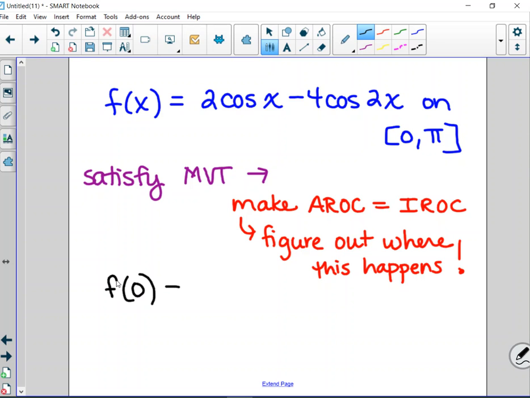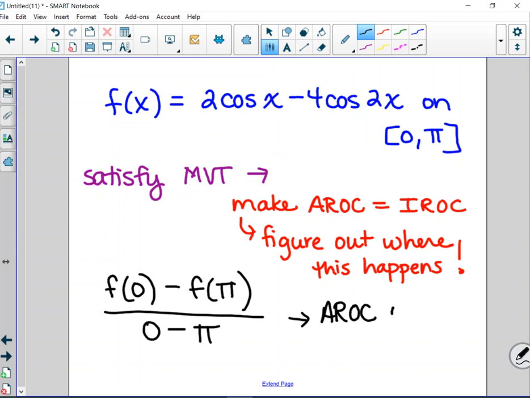Okay, we're going to do f of 0, and how about f of pi? And what am I going to divide that by? Okay, because that is how I'm going to calculate the average rate of change of f on the interval 0 to pi. I'm going to do f of 0 minus f of pi over 0 minus pi.